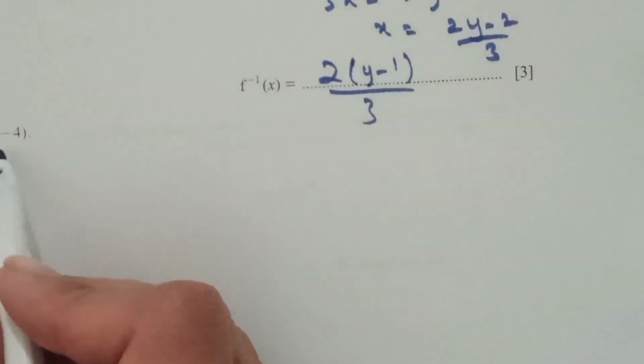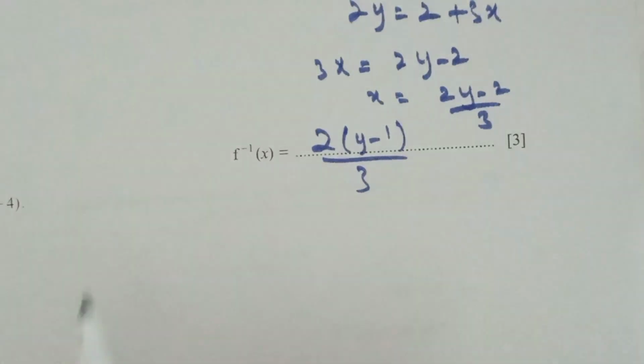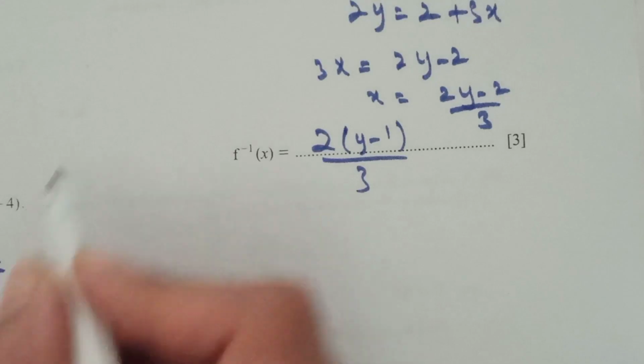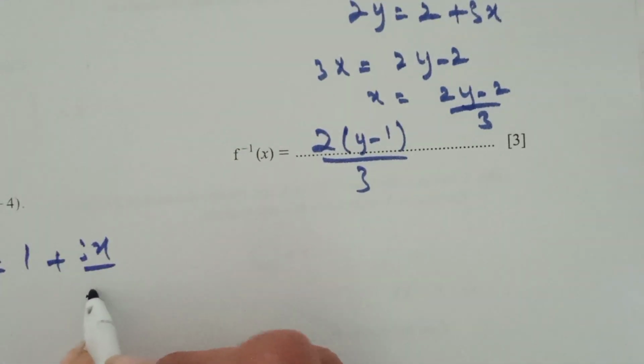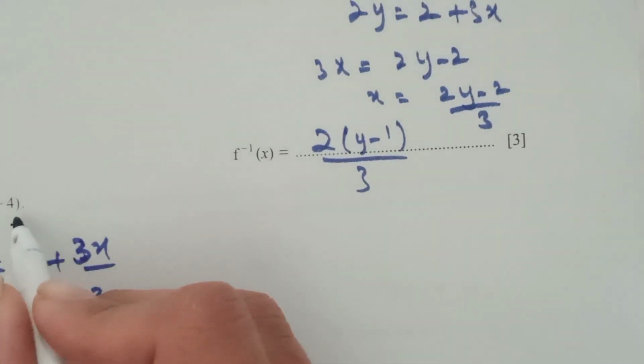Part B. f(x) is equal to g, the g function is in the f(x) function, 1 plus 3x over 2, and it is equal to minus 4.